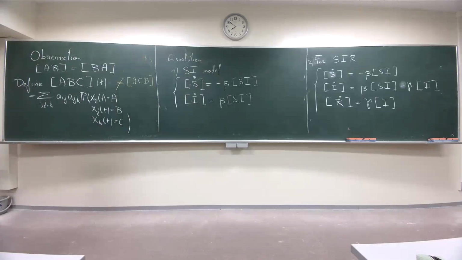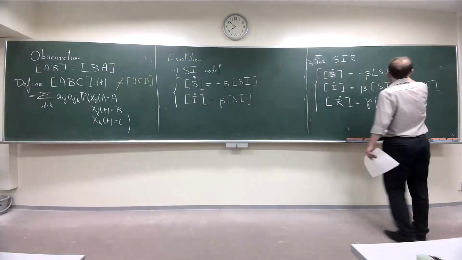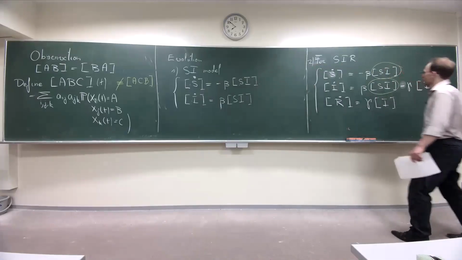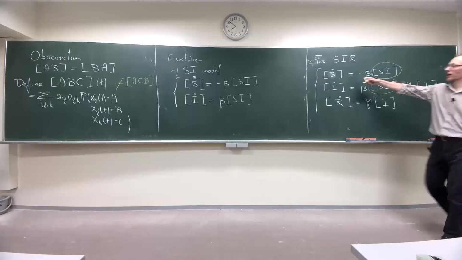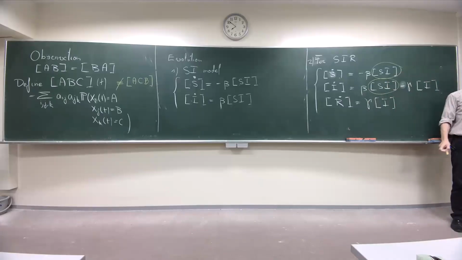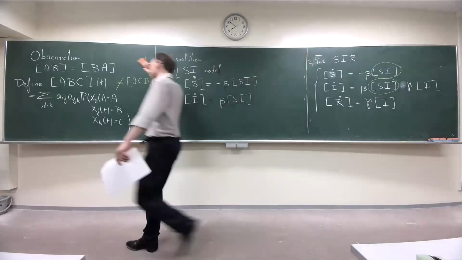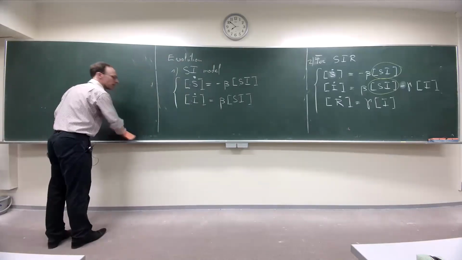What is the problem? The point is, you know, this is indeed this guy up here. We have an evolution equation for these, but we don't have an evolution equation for this one. So we need to give an equation, otherwise you will not be able to solve this system. So I need a new equation for the evolution of SI. I continue with the SIR model.